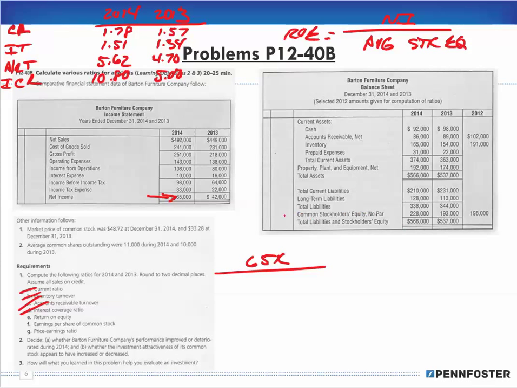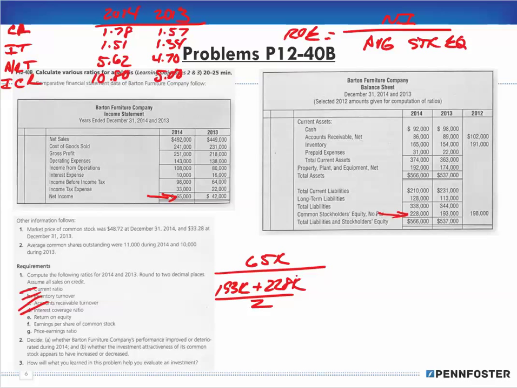So our common stockholders' equity, no par, and we're taking an average. So I have the 193 plus the 228 divided by 2. So 193 plus 228 is 421, divided by 2 is 210,500.